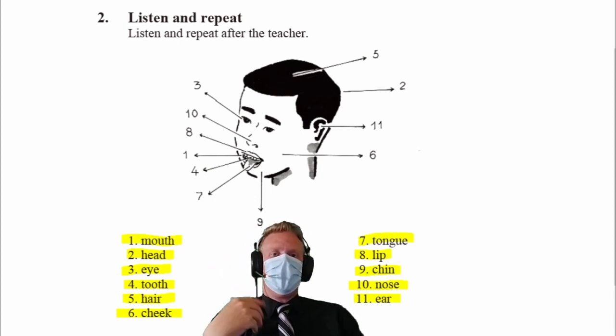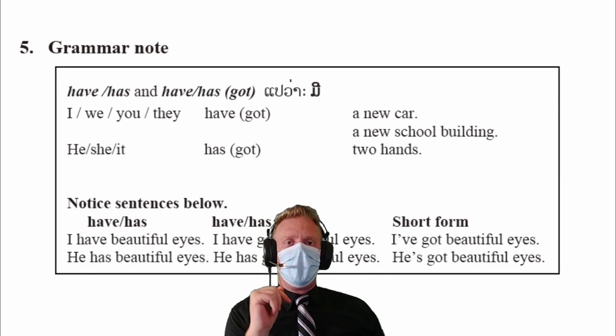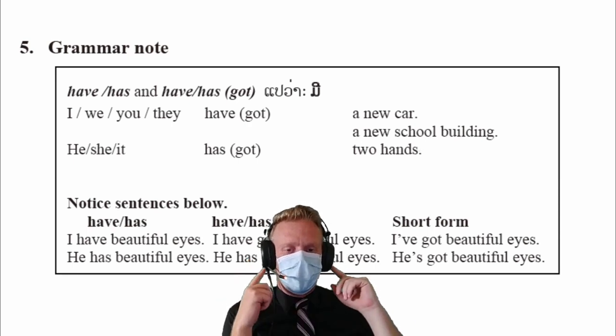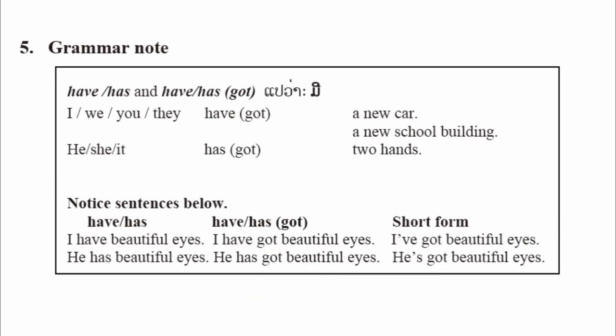Right, let us move on to the next part of this review, which is, of course, the grammar. Yes, let's go over the grammar. So please listen carefully and let's get started. What we have here is have or has and have or has got.